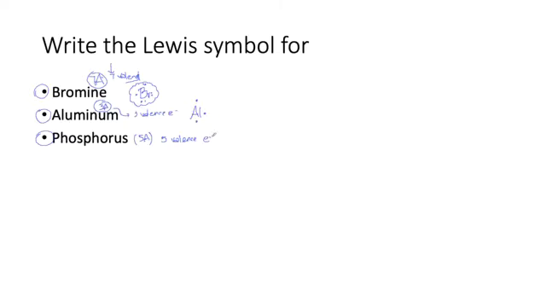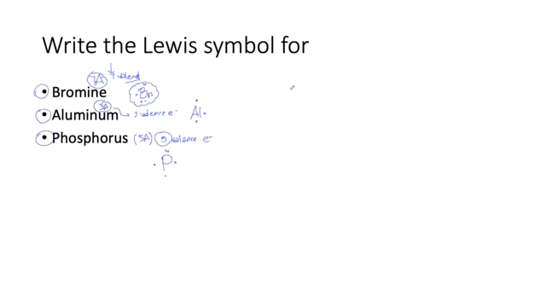So I'm going to go ahead and write the symbol for phosphorus, which is capital letter P. And how many electrons am I going to put around this? I am going to put 5. So let's start here at the top. 1, 2, 3, 4, and one more. I have to do a little pair right there with 5 valence electrons. So there we have it. This is how we work with these valence electrons.